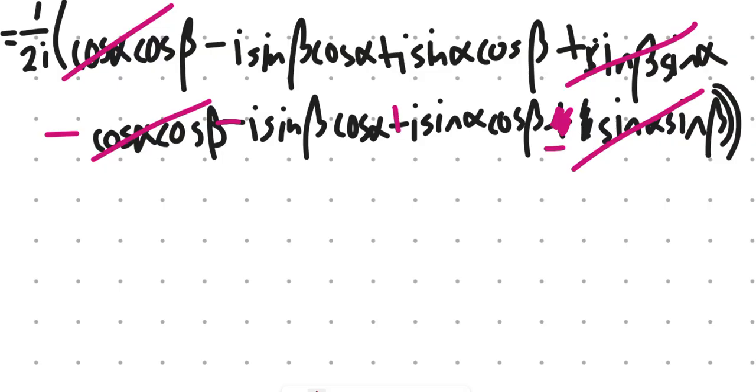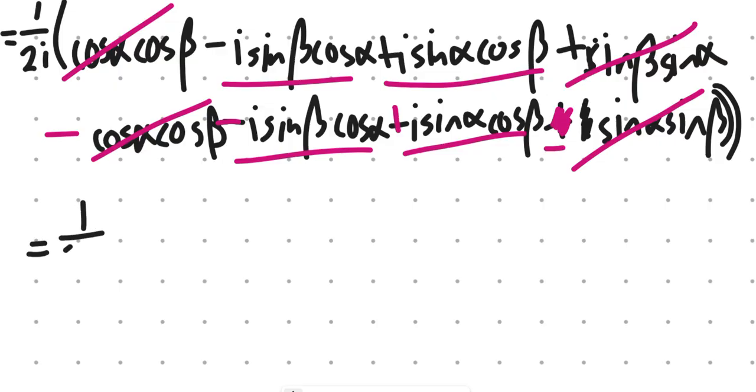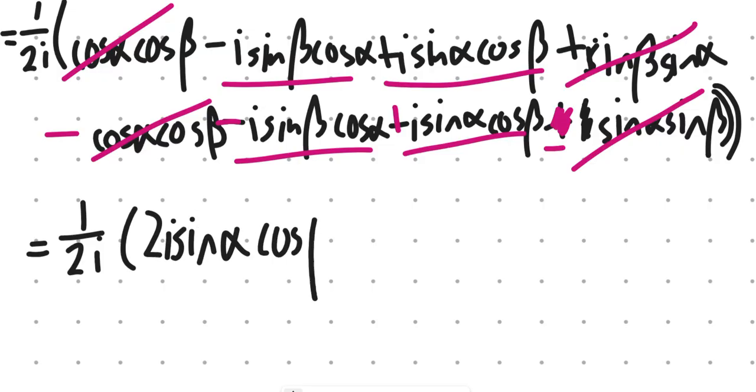Then we have 2 times of this and 2 times of this, so it's going to be 1 over 2i times 2i sine alpha cosine beta, then minus 2i sine beta cosine alpha.